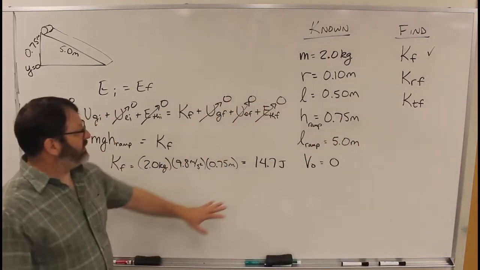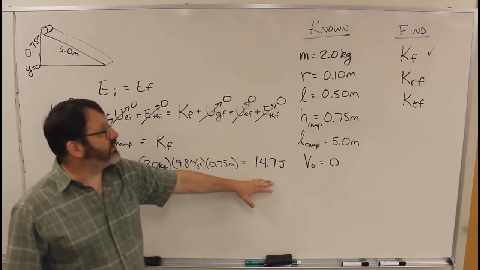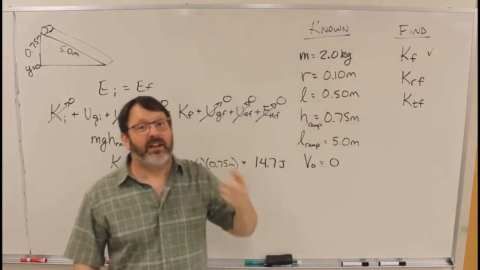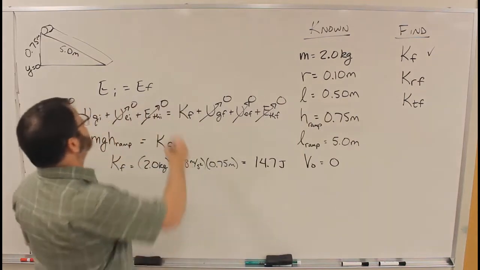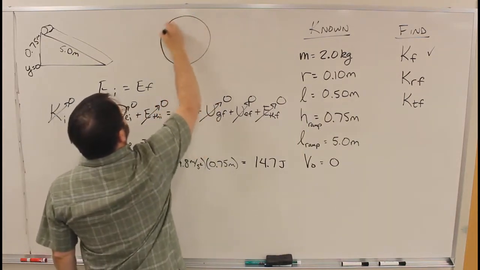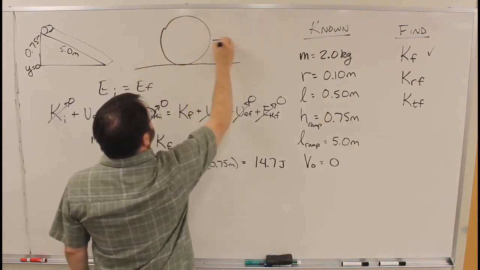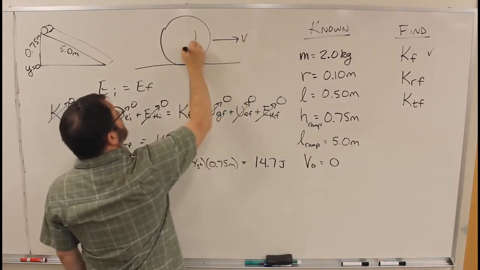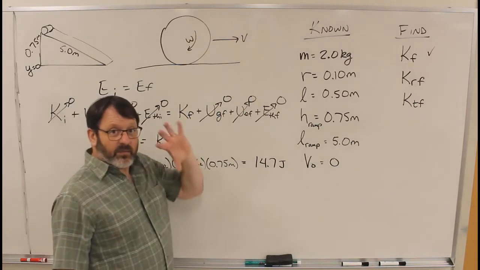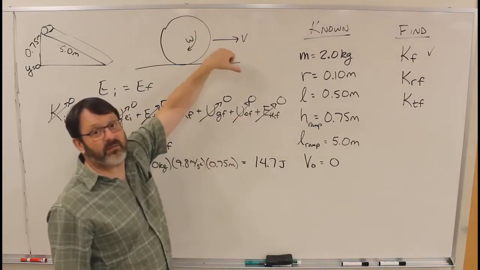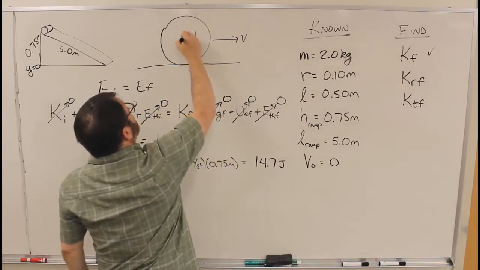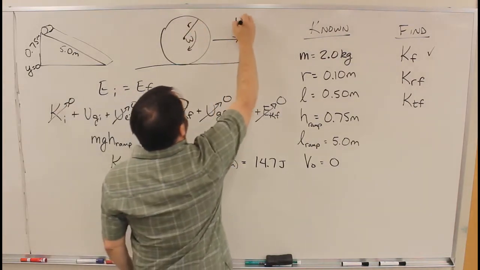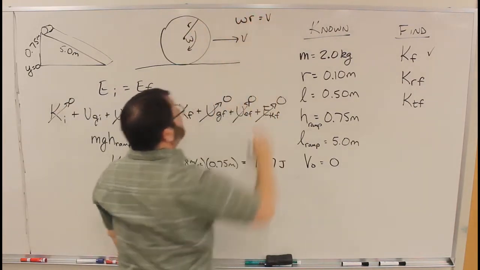Now we need to figure out, of this 14.7 joules, how much is rotational, how much is translational. Those two things are connected. If we've got something rolling along at some omega and some v, they are related by r. Omega r equals v.